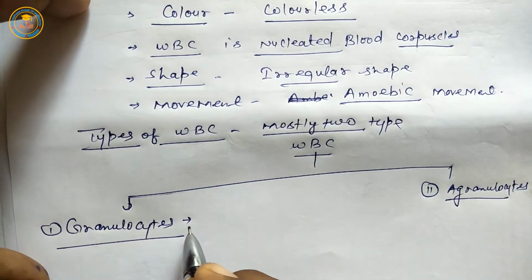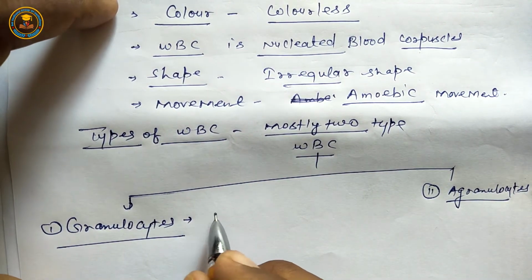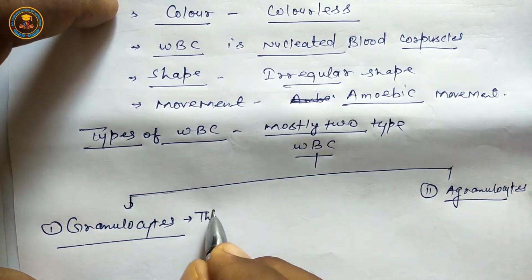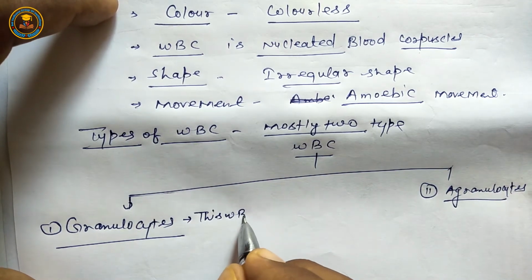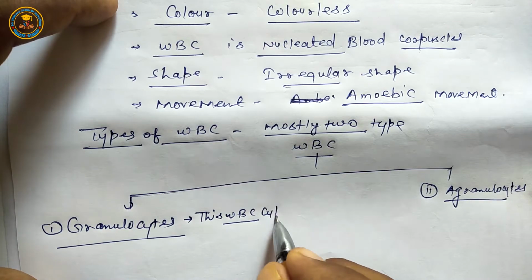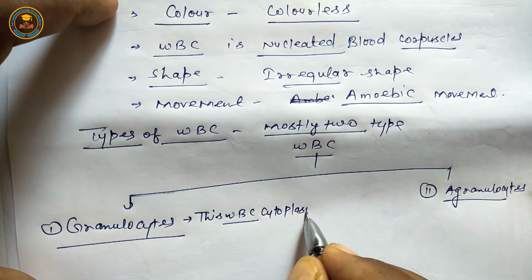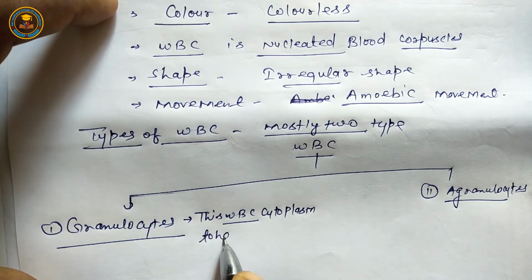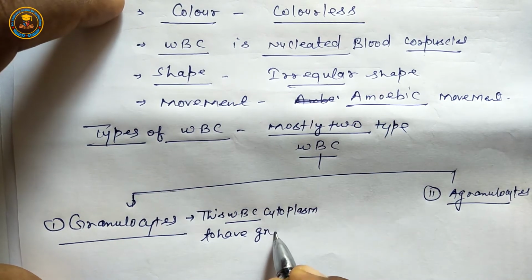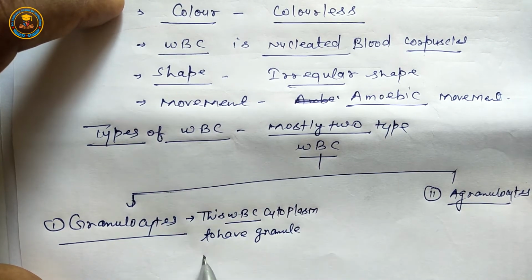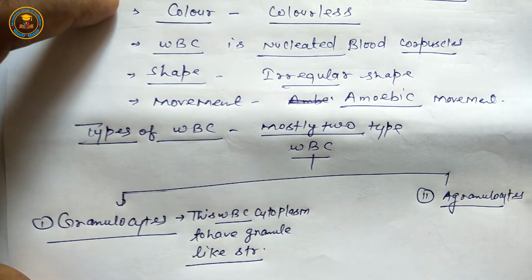It means this WBC cytoplasm has granule-like structure, so it is called granulocytes.